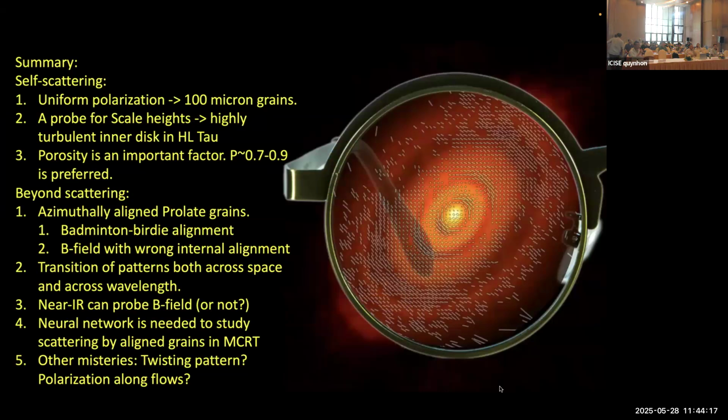Yeah, okay. So I have one question about the prolate shape. It seems that the prolate shapes provide a very good fit of the polarization to the azimuthal pattern. But in this model, you don't consider the grain rotation, because the grains are always rotating.